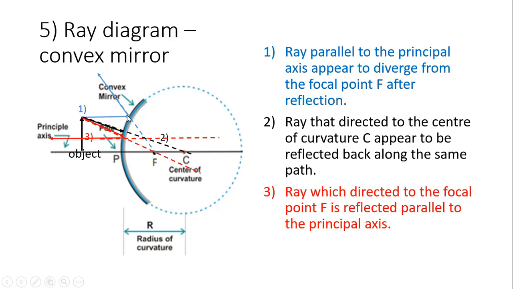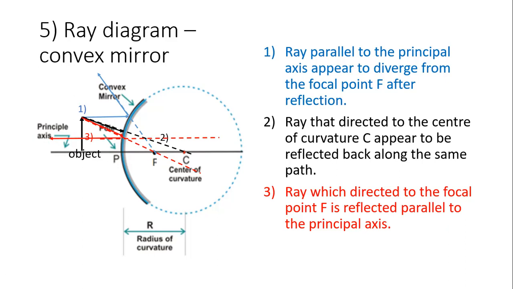Where is the diverge? It's just reflected only. I don't use that term there. Simply use the term reflected. This one is diverge: instead of going straight there, it's reflected that way.